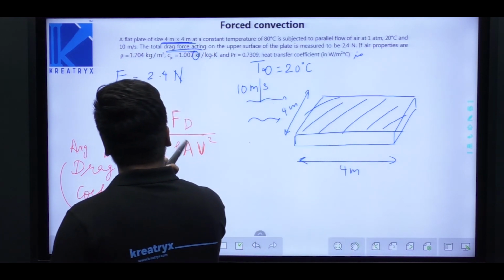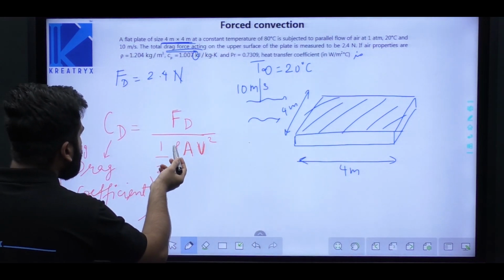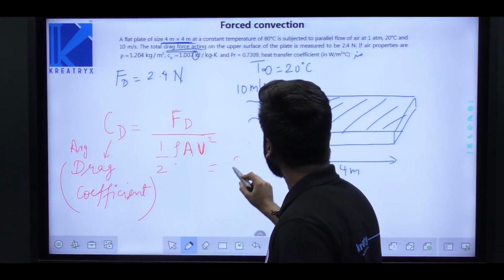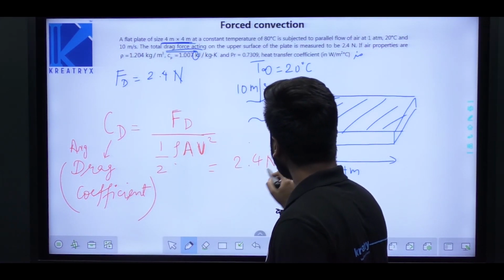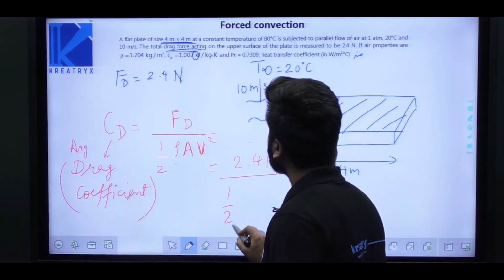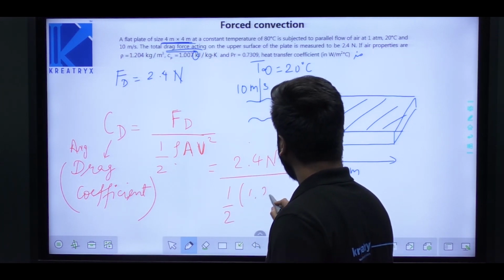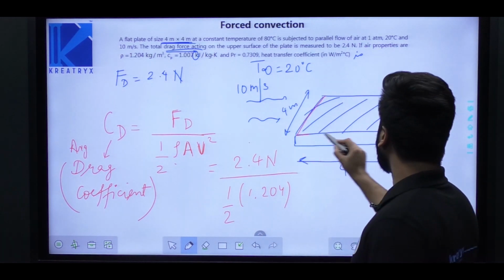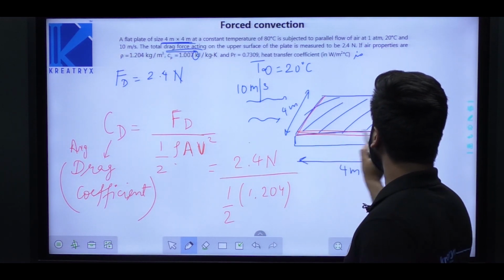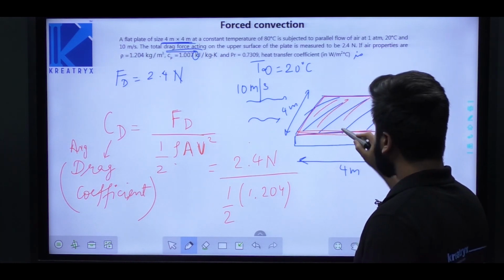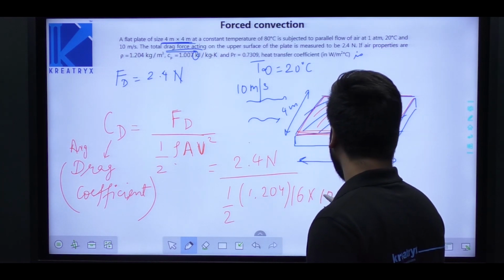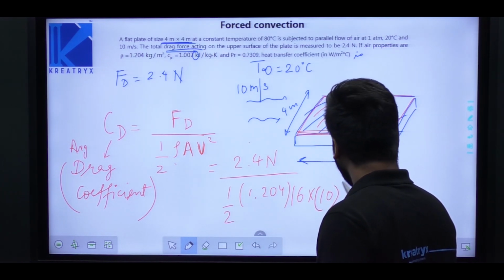So Fd is 2.4 Newton, and half rho is 1.204. The area is 4 cross 4, so 16 meter square, and V is 10 meters per second, so 10 square.